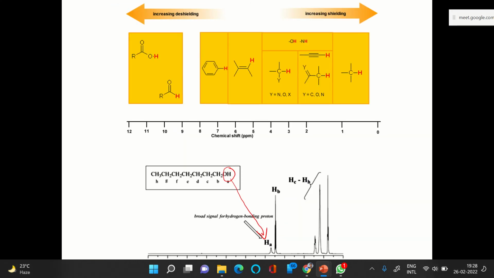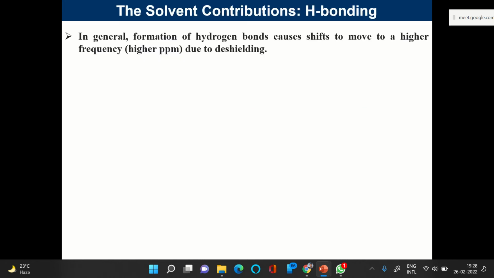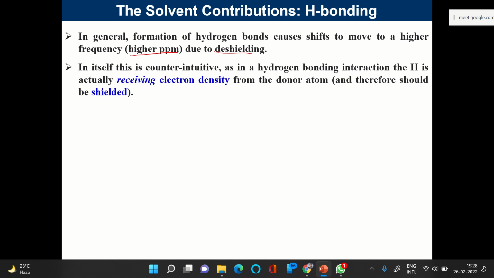So in all these species, wherever hydrogen bonding is possible, you will find increased deshielding, and also a move to higher ppm values. This is a common thing observed due to deshielding. Hydrogen bonding is slightly difficult to imagine.